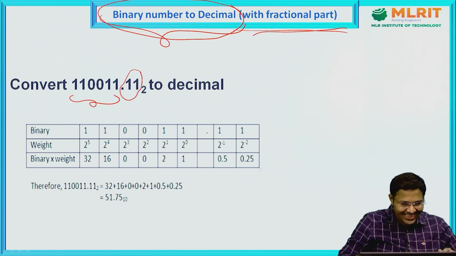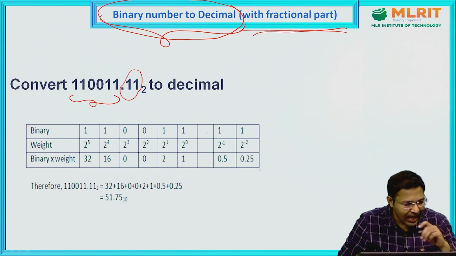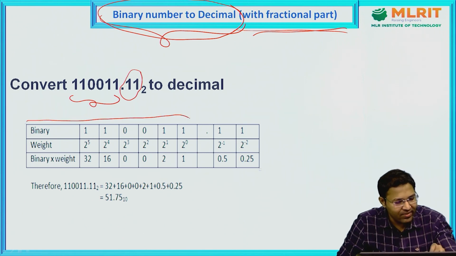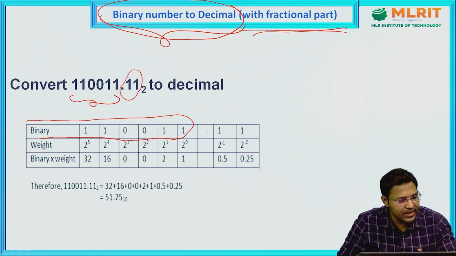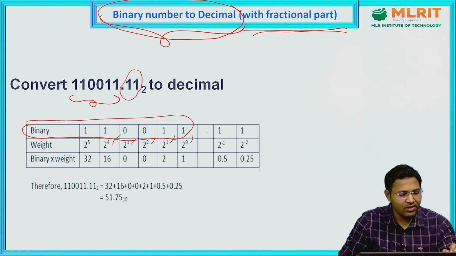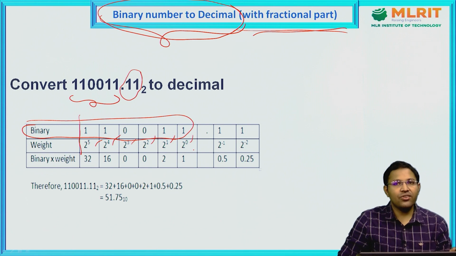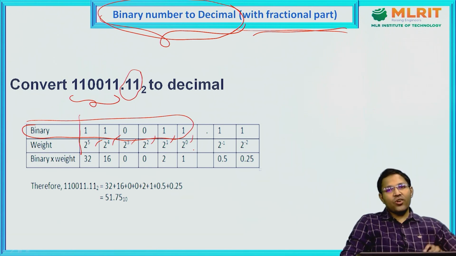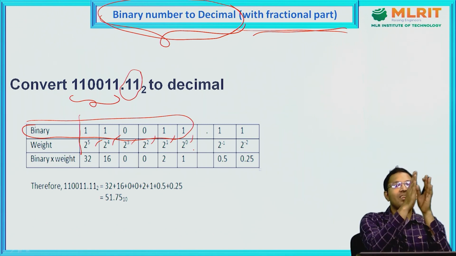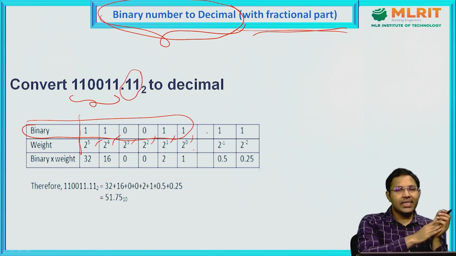What we did in the previous video, we took the binary number as it is, and then we took weights 0, 1, 2, 3, 4, 5. The last digit stops here. So we are taking 0 to 5, and in the previous video we discussed that we take powers of 2 because we have to continuously multiply by 2.